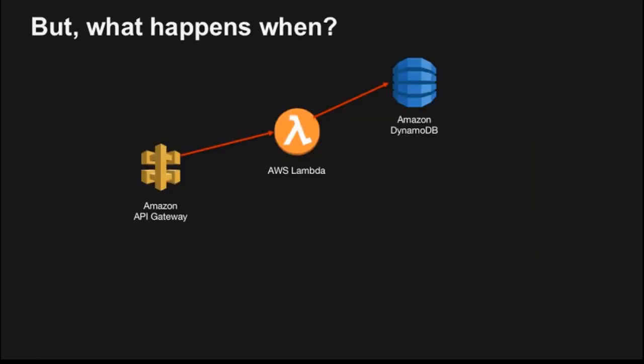But what happens when you have a 2-tier or a 3-tier application? So you have API Gateway in the front, and your business logic layer is your AWS Lambda, and your persistent data store, in this case, is the DynamoDB database. It's fairly trivial to diagnose logs and to make sense of a function call that is coming to Amazon API Gateway, to Lambda and DynamoDB.